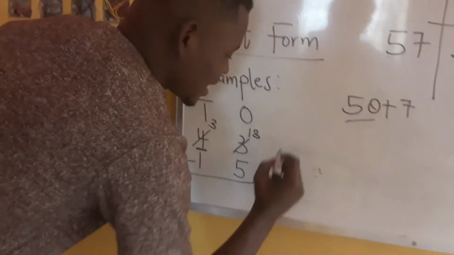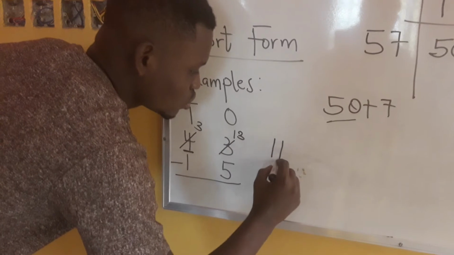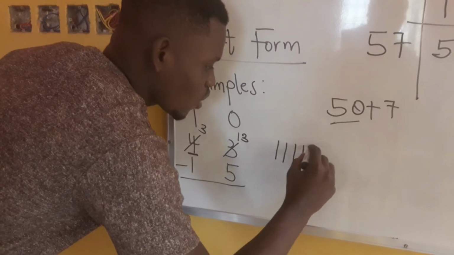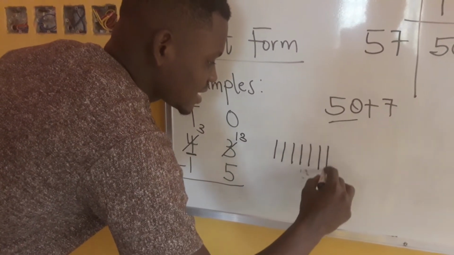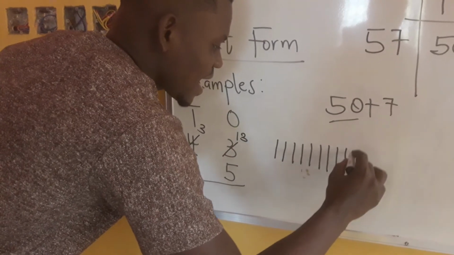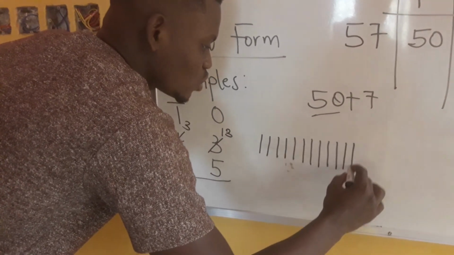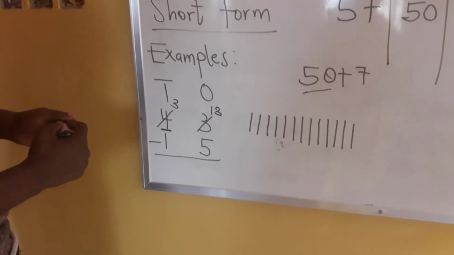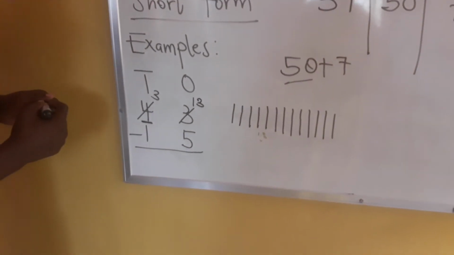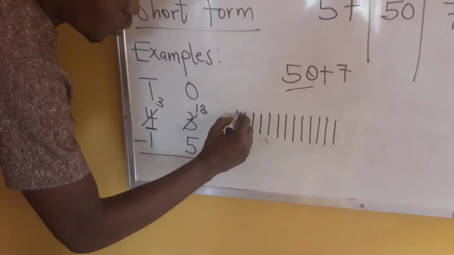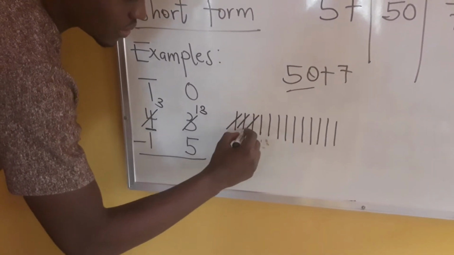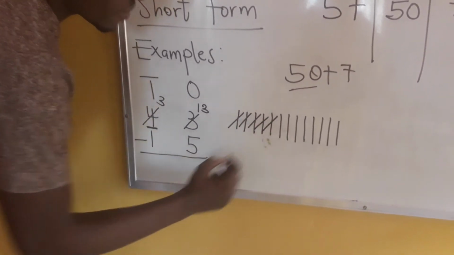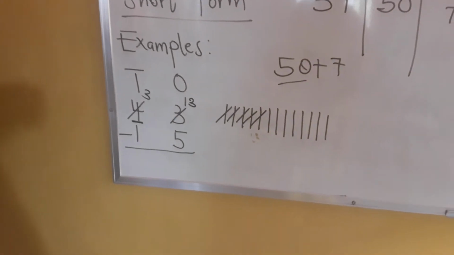Let's quickly do that. Let's count together. 1, 2, 3, 4, 5, 6, 7, 8, 9, 10, 11, 12, 13. And we are supposed to give 5 to a friend. So let's give the 5 to that friend. 1, 2, 3, 4, 5. How many do we have left?